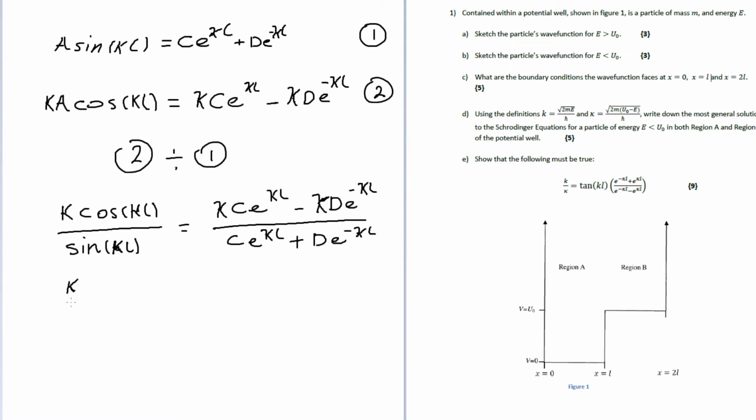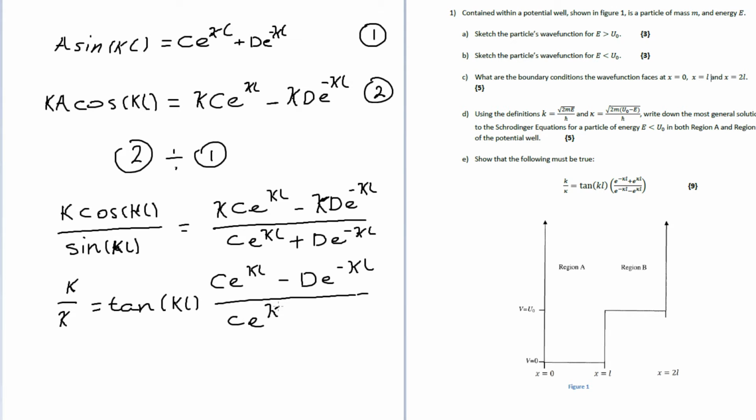So what we get is k over kappa is equal to, and then we move our sine and our cos to the right hand side, and it becomes a tan kL, and then we're just multiplying by c e^(kappa L), because we've taken our kappa away to the left hand side, minus d e to the minus kappa L over c e^(kappa L) plus d e to the minus kappa L. And this looks a lot like what we need for our final answer, but we just have these c's and d's lying around, and our exponential powers aren't quite correct.